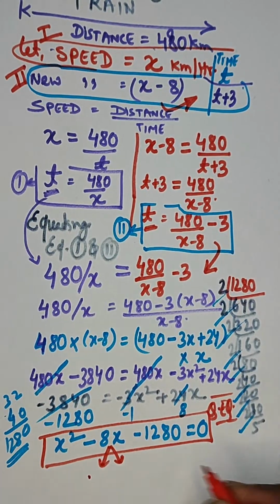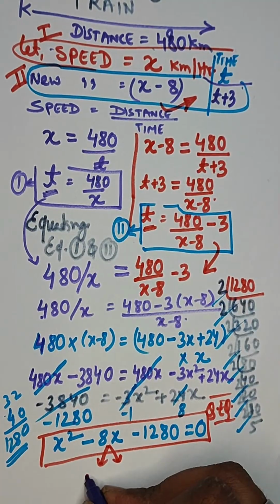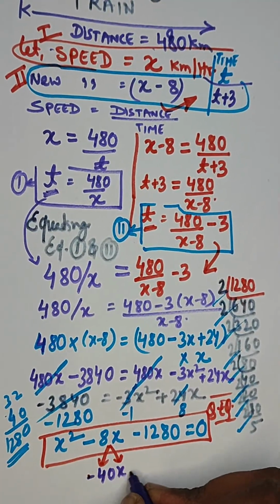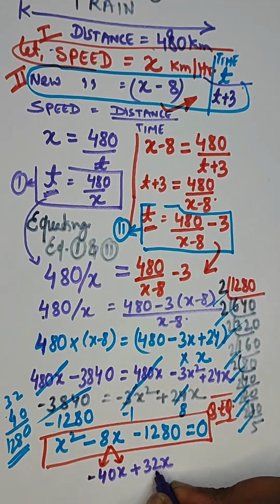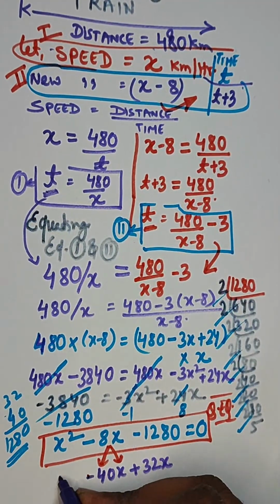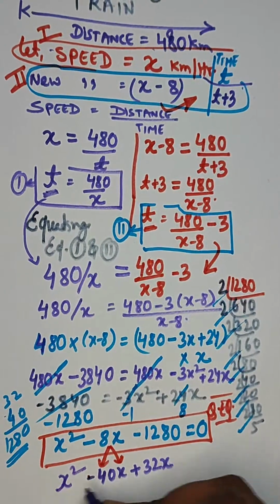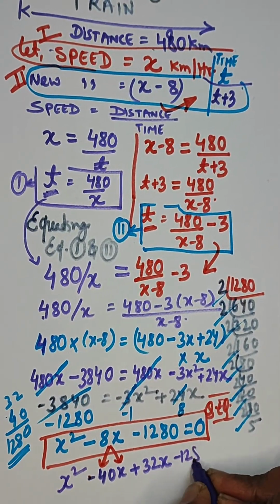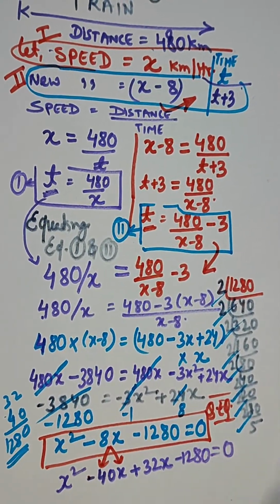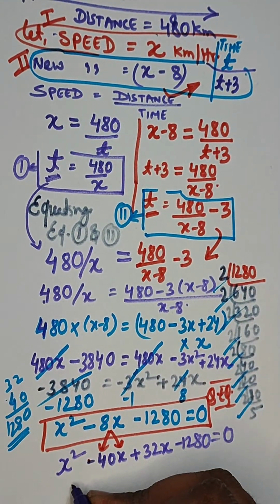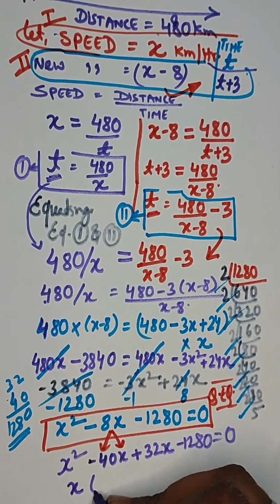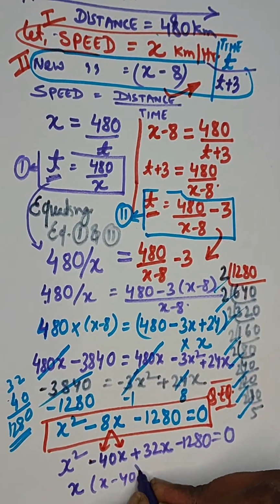So this will be coming as minus 40x plus 32x. Just split the middle term and keep the first term x square as it is, minus 1280 equal to 0, right? And when you further solve it, taking x as common, we have x minus 40, right?